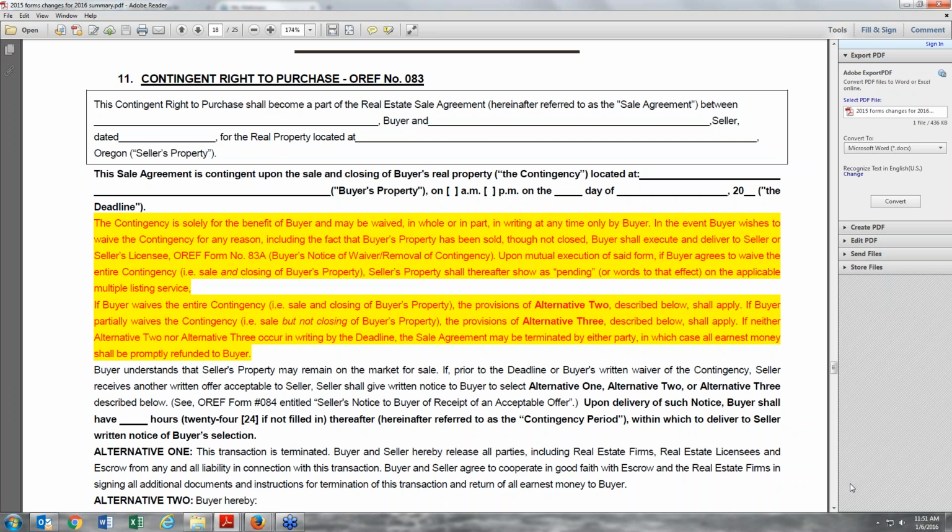There's a place at which I stated that the transaction would not go pending, and that's an incorrect statement. Put it another way, if the buyer removes one contingency, i.e., the sale of their home, but not the closing, it still goes pending. And under the comment section, I had incorrectly stated otherwise.